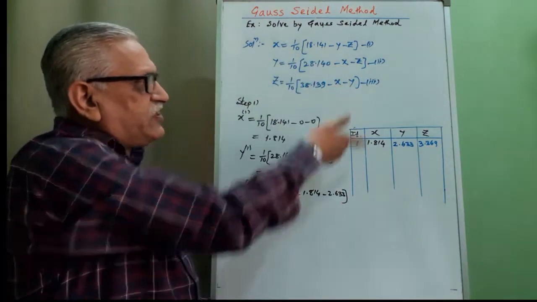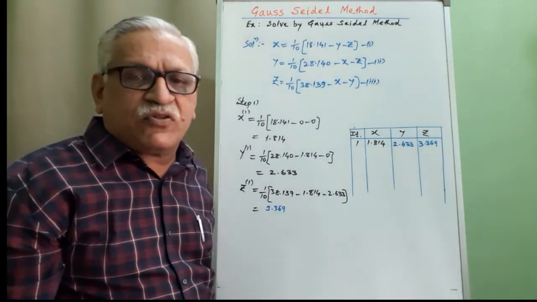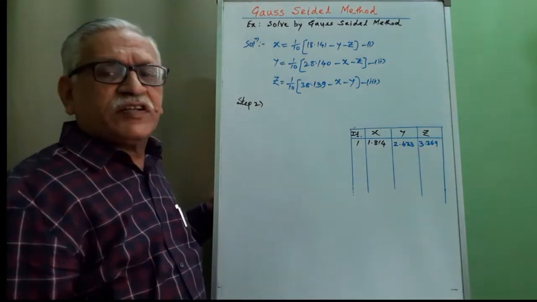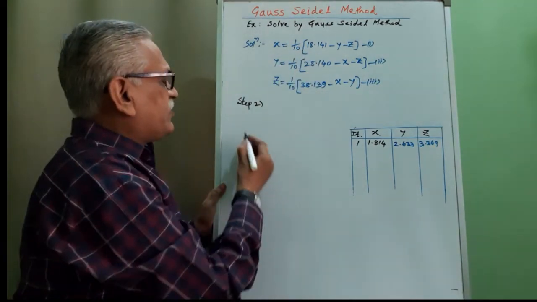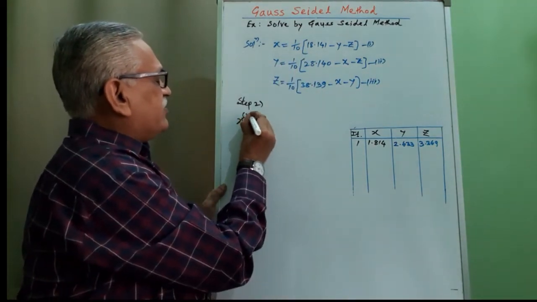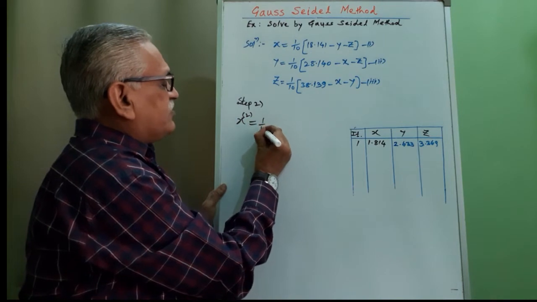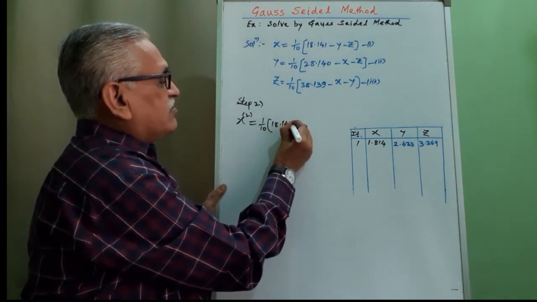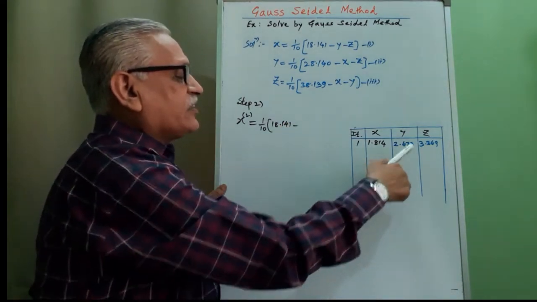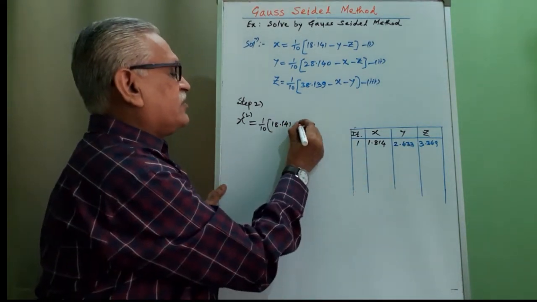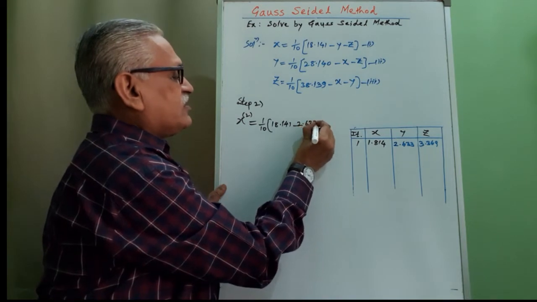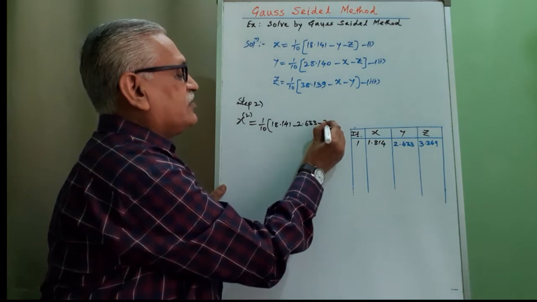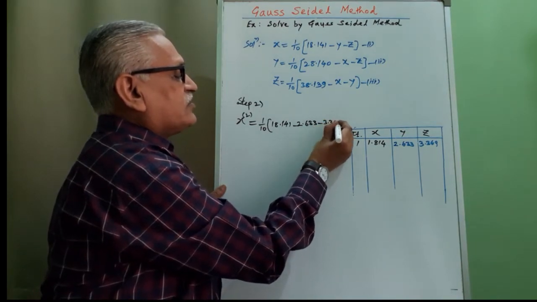Then we use the same equations once again to get the second approximation for the variables. Step 2, iteration number 2. From equation 1 we get x2 as 1 by 10 times (18.141 minus y, the latest value of y is 2.633, and minus z, the value of z is 3.369).